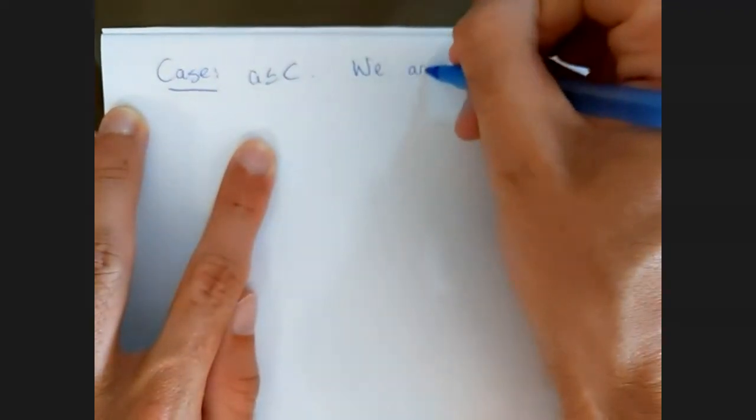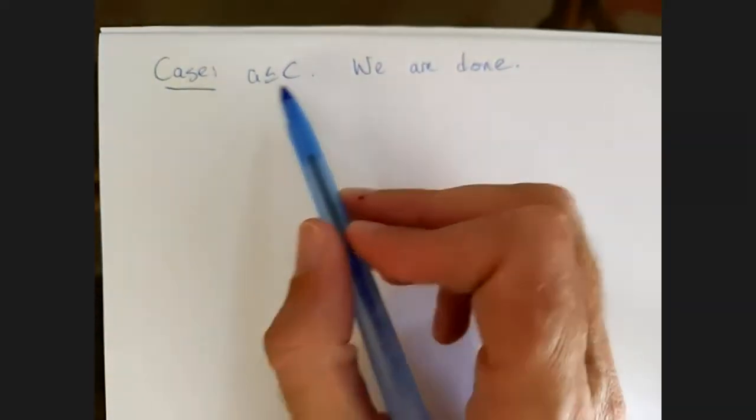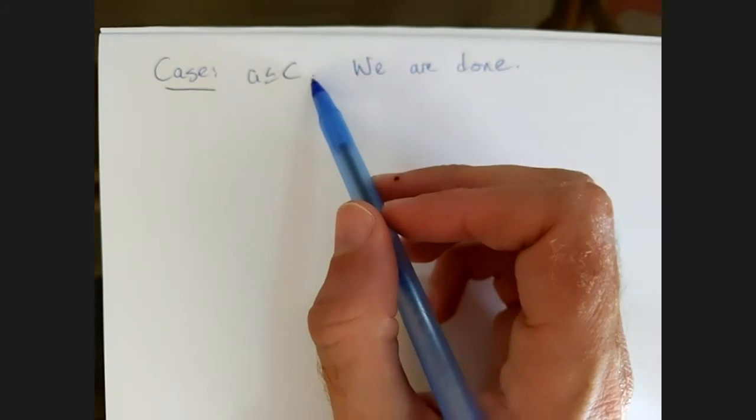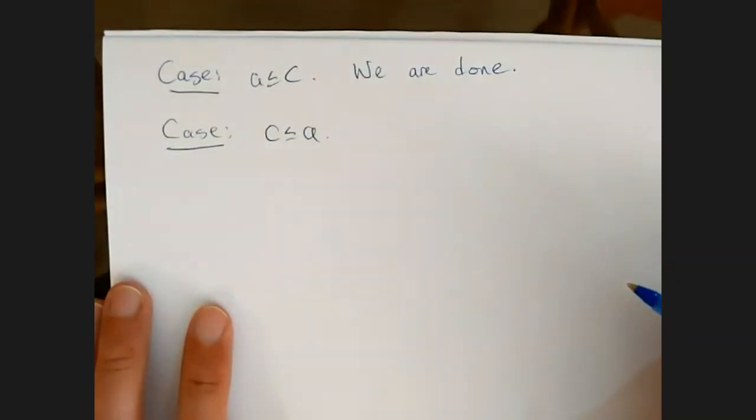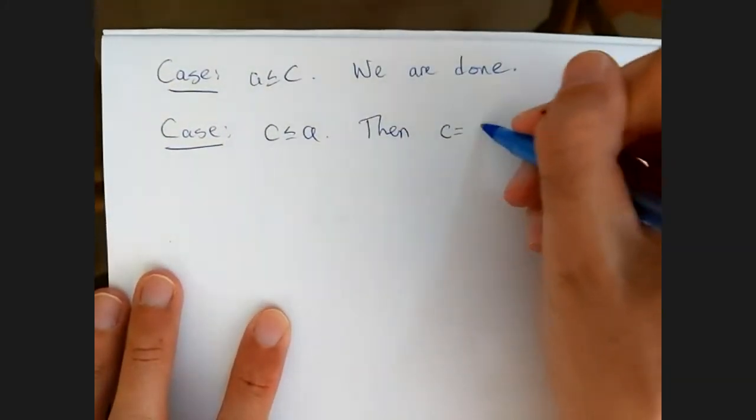First case is that A is less than or equal to C. Well, that's exactly what we want, because we need to show that A is less than or equal to all the elements of B, and C was some arbitrary element of B. The other case is that C is less than or equal to A. We're not quite done yet, but A is minimal, so C equals A since A is minimal.